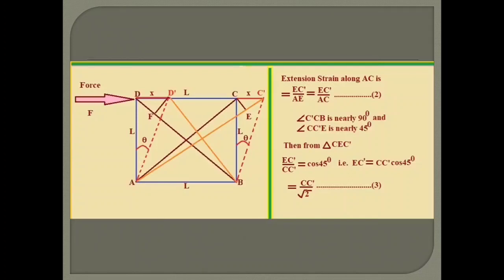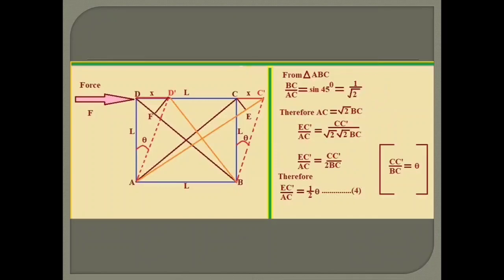Then from triangle CEC dash, EC dash divided by CC dash is equal to cos 45 degrees. That is, EC dash is equal to CC dash multiplied by cos 45 degrees, which is equal to CC dash divided by root 2, because cos 45 is equal to 1 by root 2.